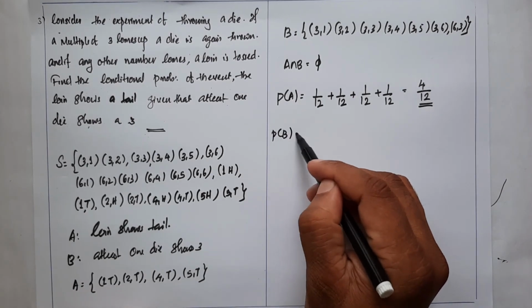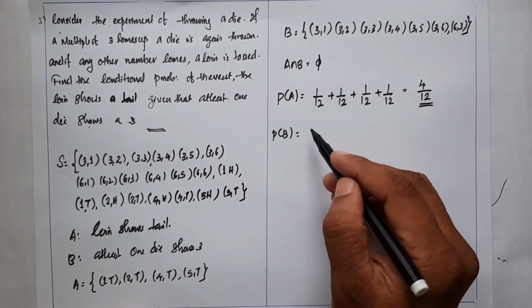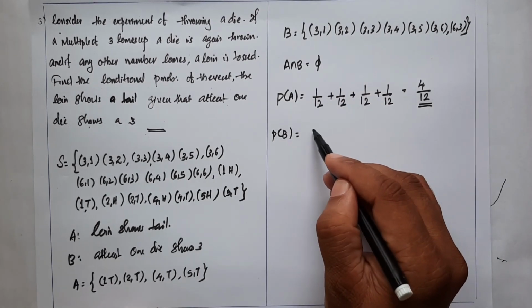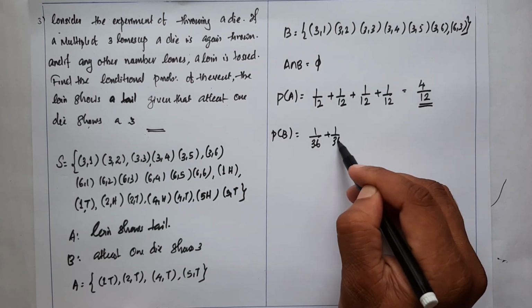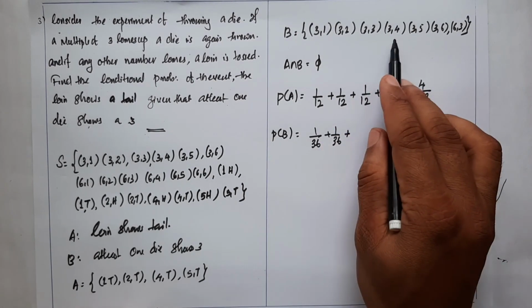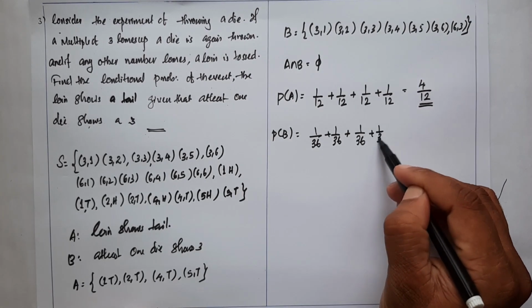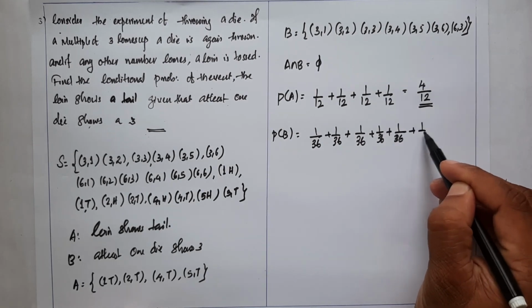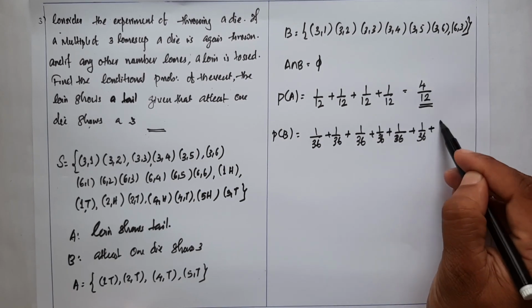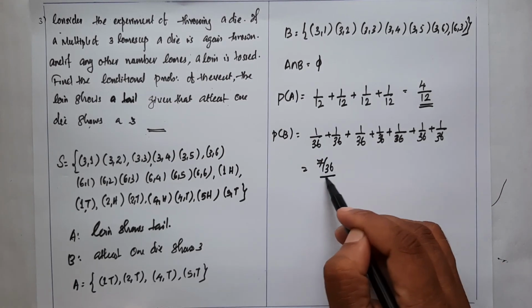Now the probability of B: the probability of getting 3 is 1 by 6 and the probability of getting 1 is also 1 by 6. 1 by 6 into 1 by 6 is 1 by 36, plus 1 by 36, and so on for the 7 elements, giving 7 divided by 36.